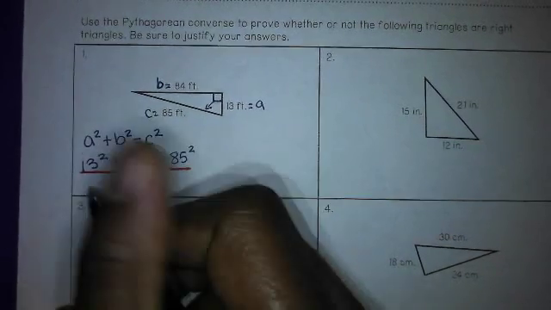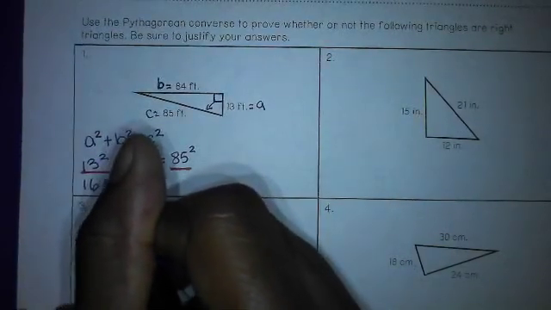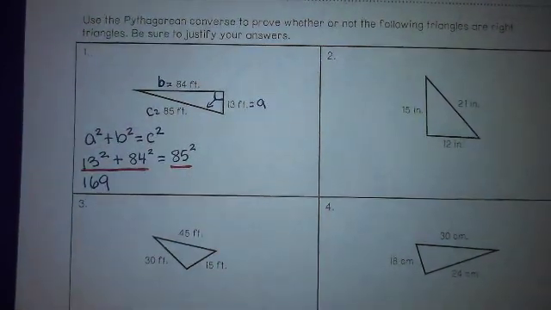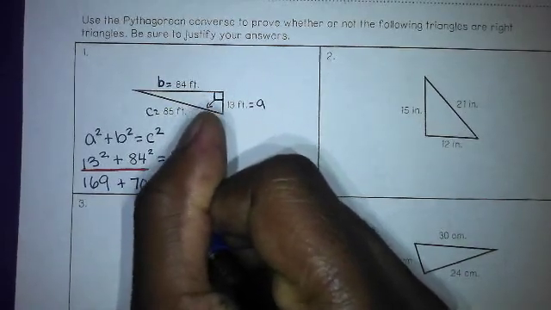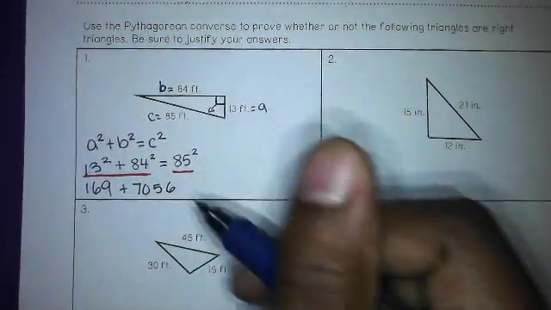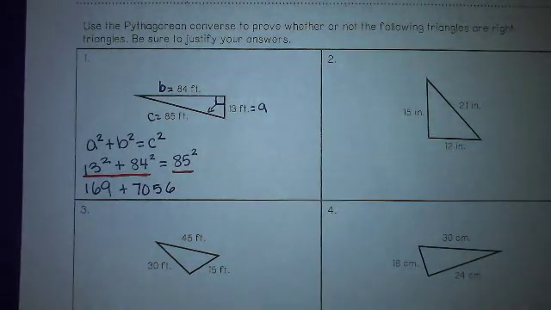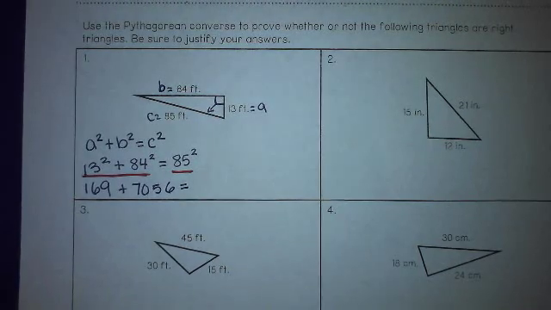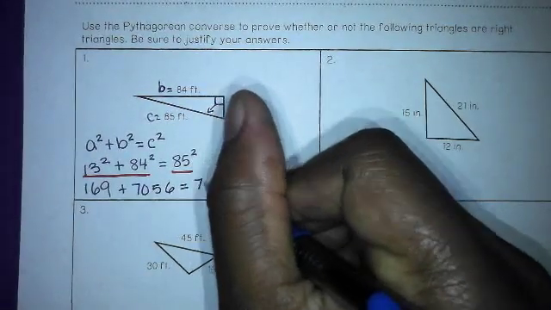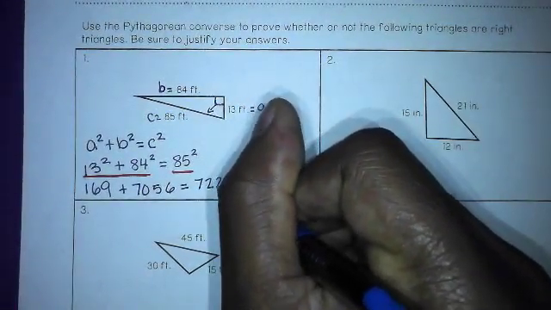Okay? Now 13 squared is 169. And I went to my calculator and I did 84 squared, and I got plus 7,056. Okay. And that should give me whatever 85 squared is. When I put that in my calculator, I get 7,225.